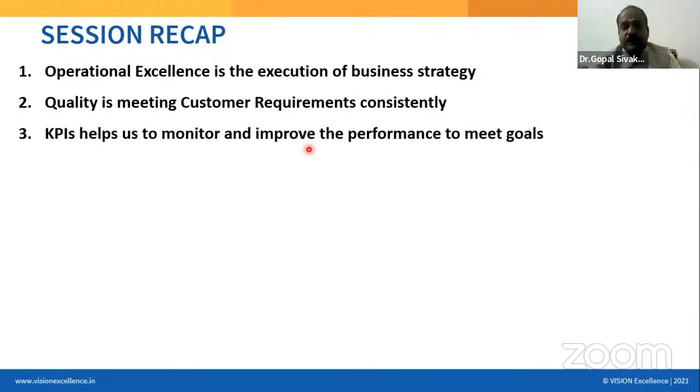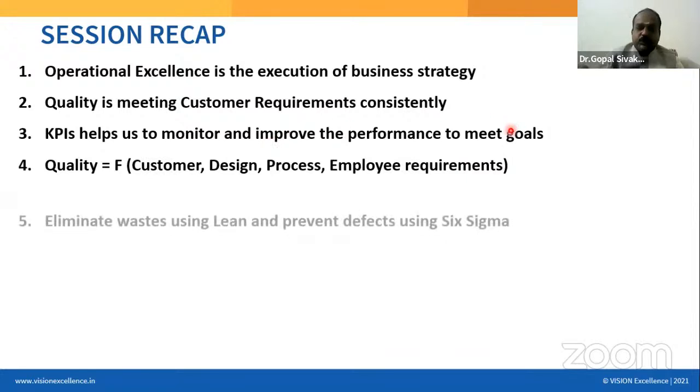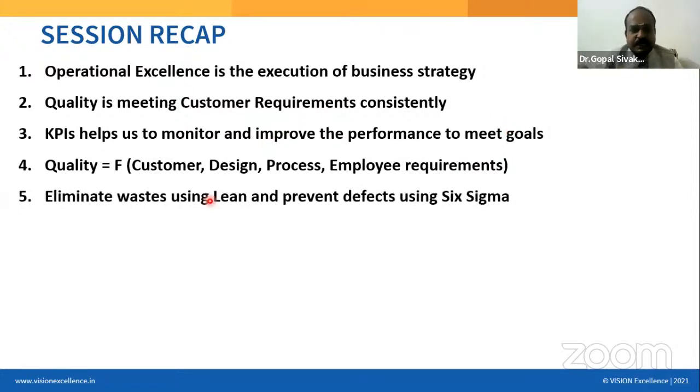KPI, nothing but key performance indicator, helps us to monitor and improve the business and process performance, so that we can actually meet the business goals. Quality is a function of customer requirement, design requirement, process requirement, and employee requirement, right? So take care of all these requirements, and quality is taken care of.